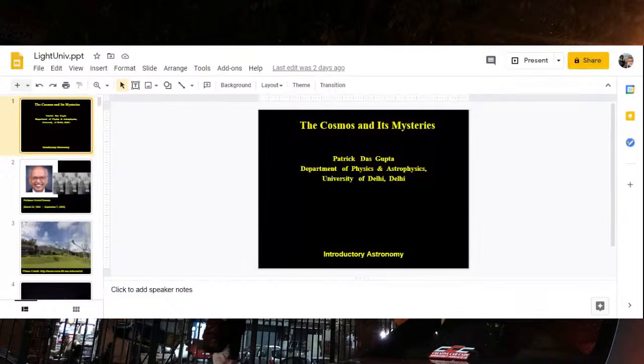If 1 over H naught is roughly the age of the universe, then you ask yourself, from the beginning of the universe, what is the furthest distance any particle would have traveled? Now, we all know a particle can travel at the most with the speed 3 into 10 to the power 10 centimeters per second.